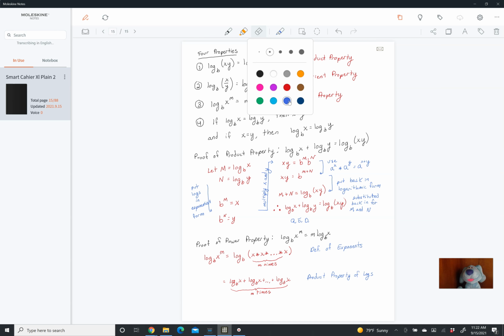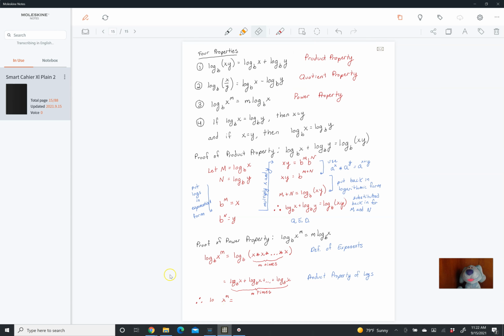Now we're actually done, because what we're saying is therefore log base b of x to the m is equal to, sorry, I wrote m, I meant log base b. Log base b of x to the m is equal to m times log base b of x.